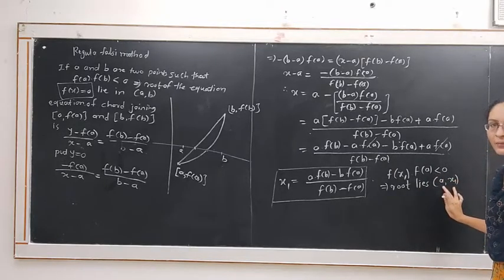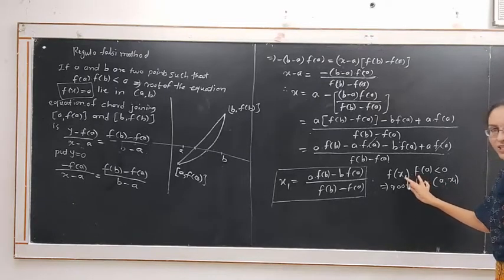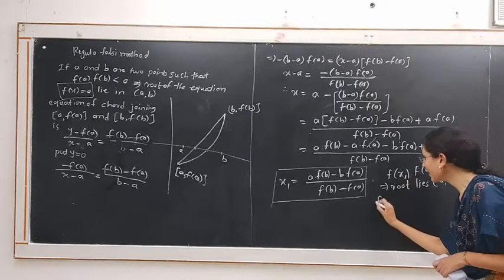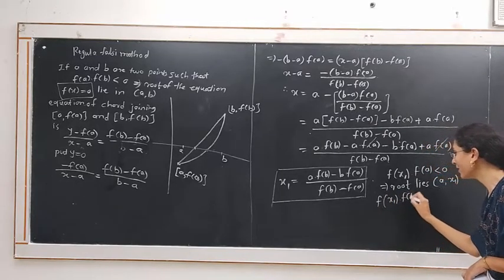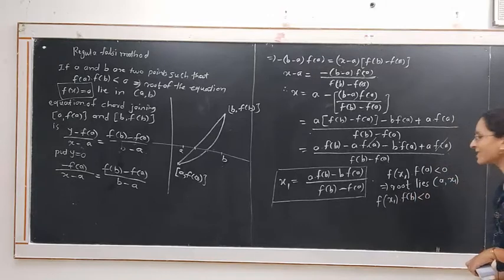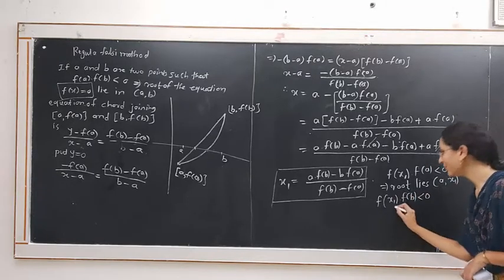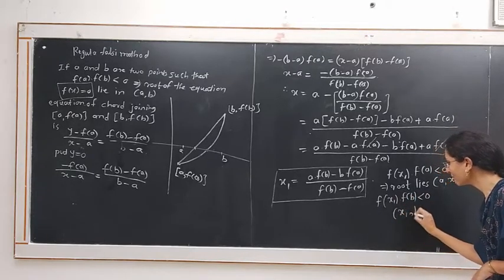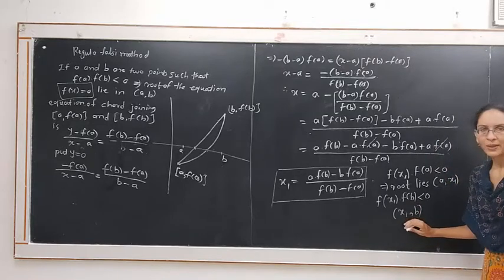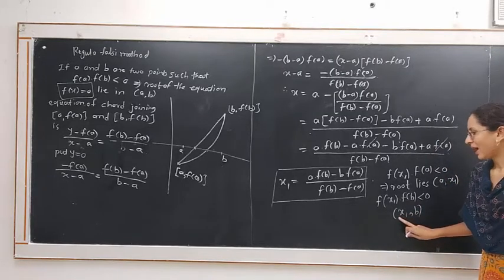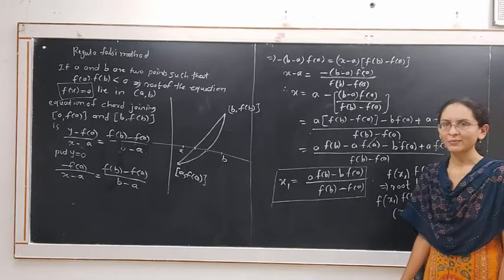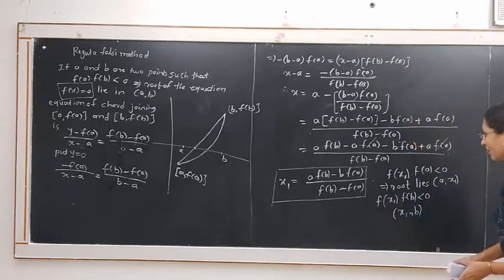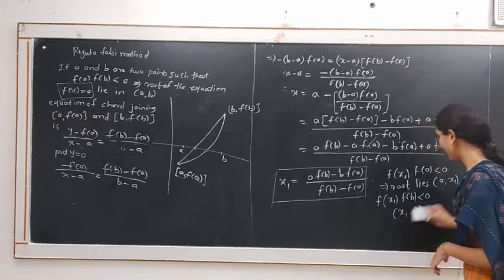In this case, we take b equal to x1. If this product is positive, then we take the product of f of x1 and f of b, and if that product is negative, then the root lies between x1 and b. In this case, we replace a by x1 and we continue the same procedure till we get the root to the correct approximation up to certain decimal places.